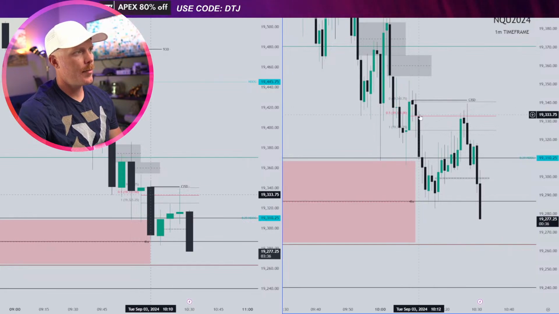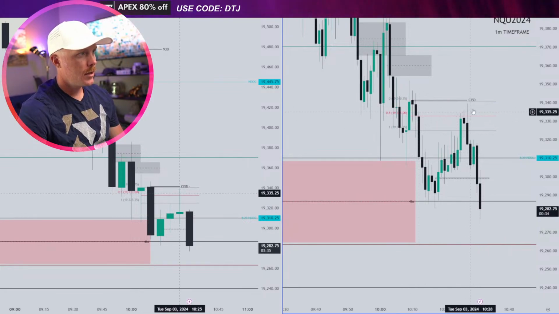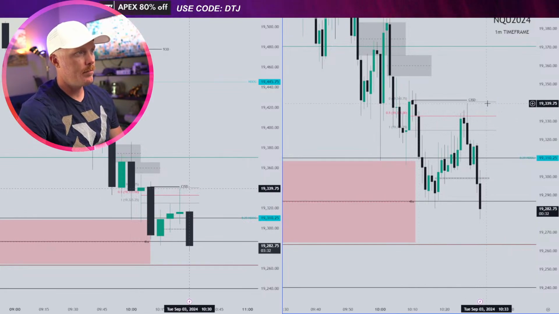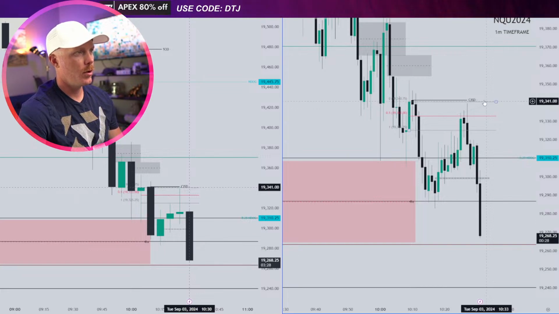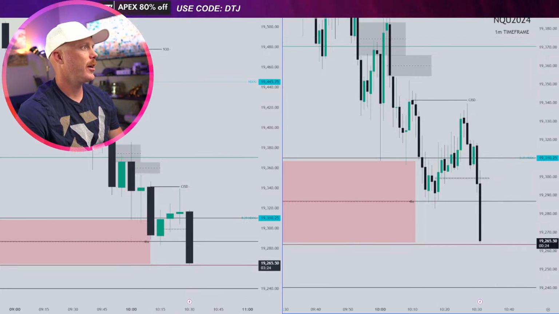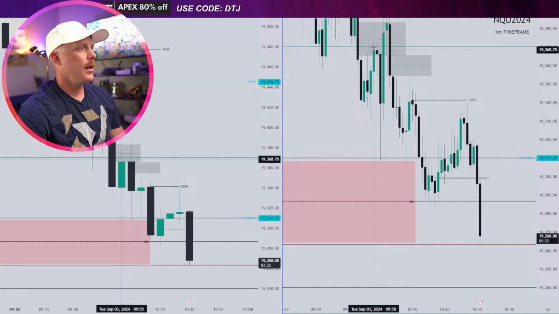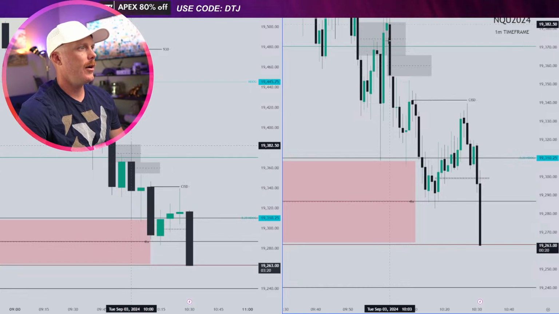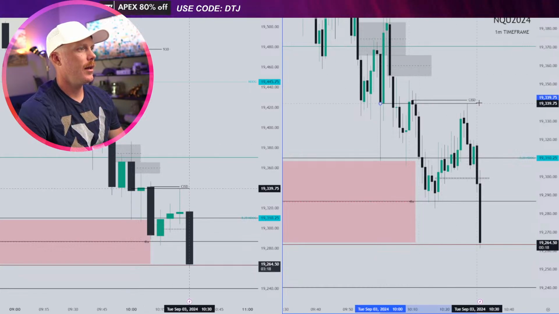Even still, there's not an opportunity for me here, guys. The only one, and I missed it, I see it right now, but I would have never taken it because I'm looking for longs. Look at this, to the tick. Right here. High, low, higher high. That's a breaker.